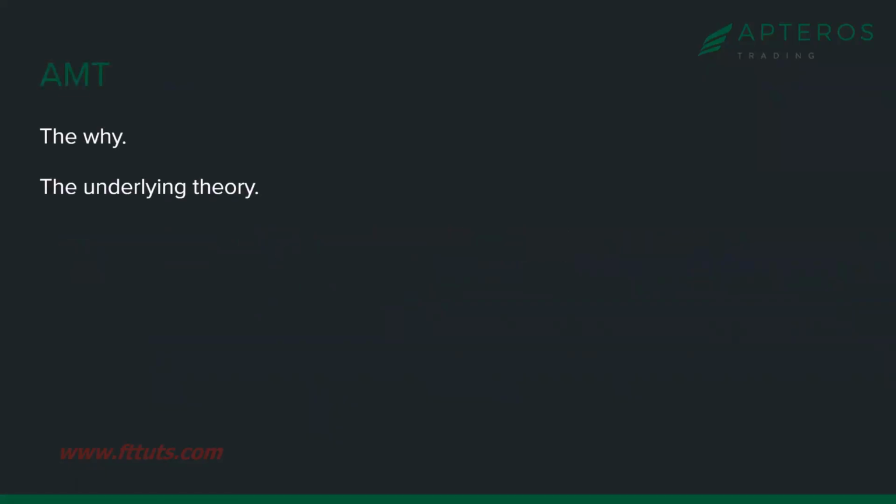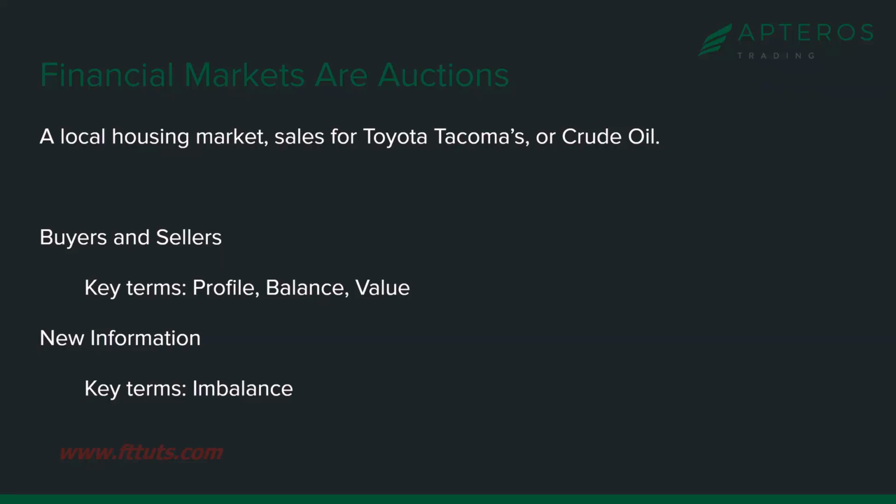Auction market theory. It's the why, okay? It's the underlying theory behind what's going on with all this stuff. Financial markets, whether it's crude oil or the S&P or whatever, it's just like any other market that could exist in the world, within reason.